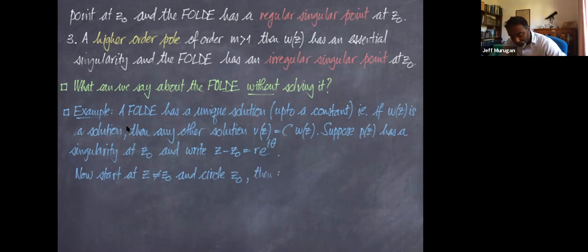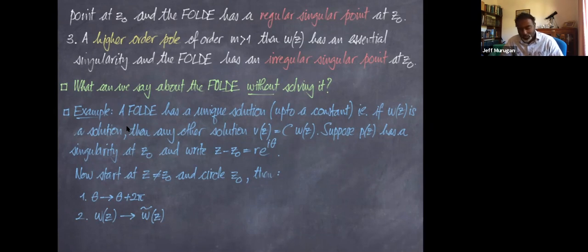Well, if we circle Z naught, then for one, the phase or the argument of z changes from theta to theta plus 2 pi. If we go around in a circle, W of z will change to some new function, W tilde of z, that's not in general equal to W of z.